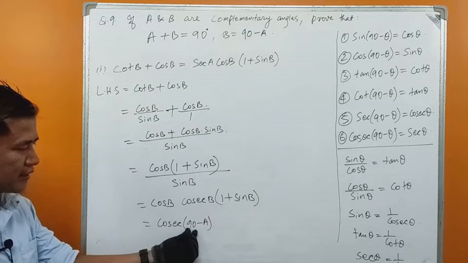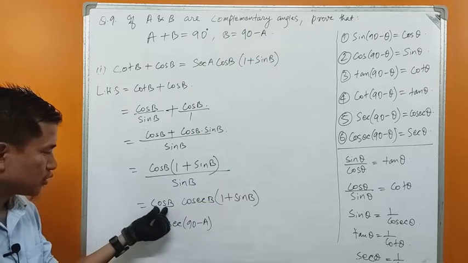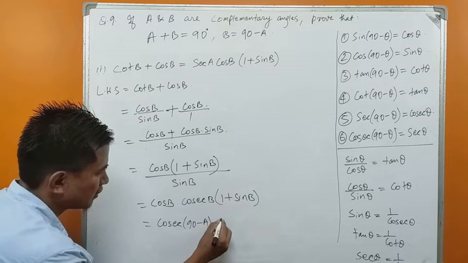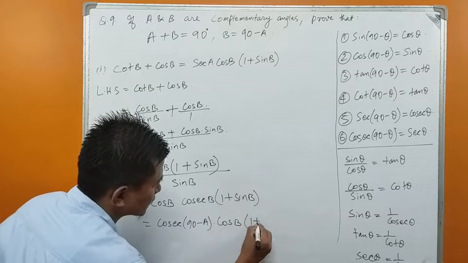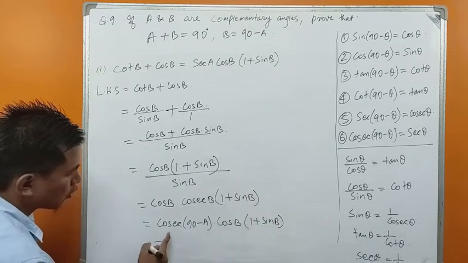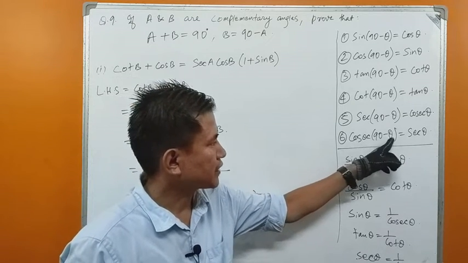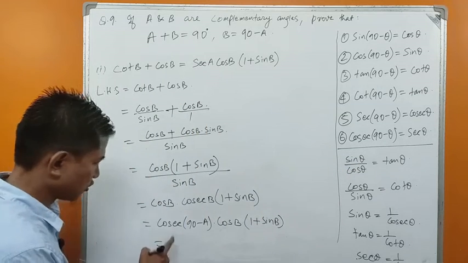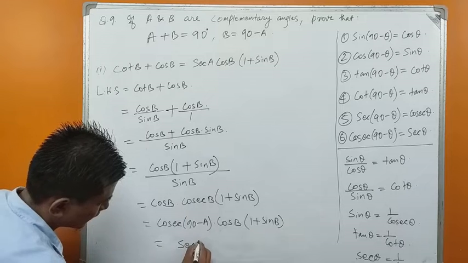So b means 90 minus a. So this cos b we write as it is, and 1 plus sin b as it is. Now cosec(90 minus theta) is sec theta, isn't it? So cosec(90 minus a) is sec a.